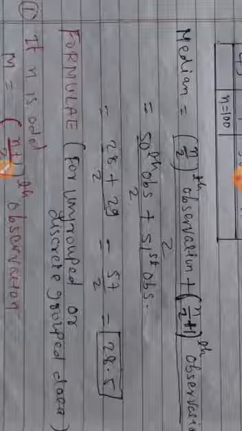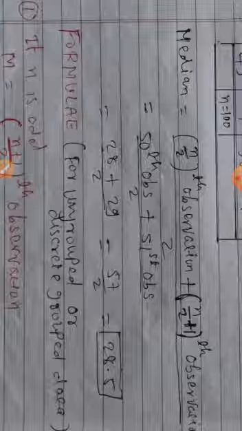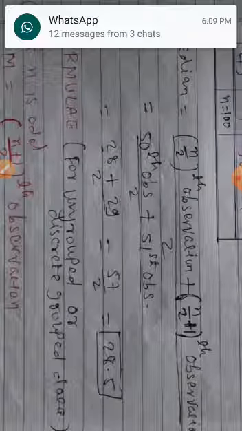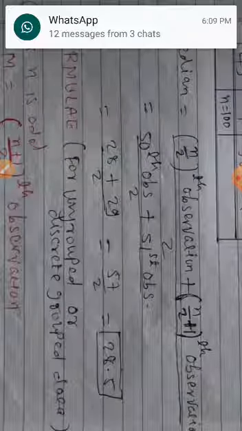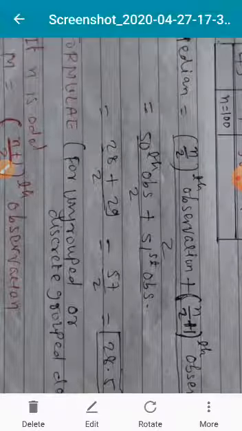This is not continuous but discrete. So 28 plus 29 is 57, and the average of this means divided by 2, it becomes 28.5. Okay, so our answer is 28.5.